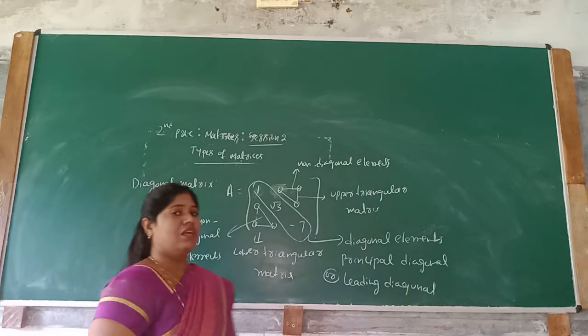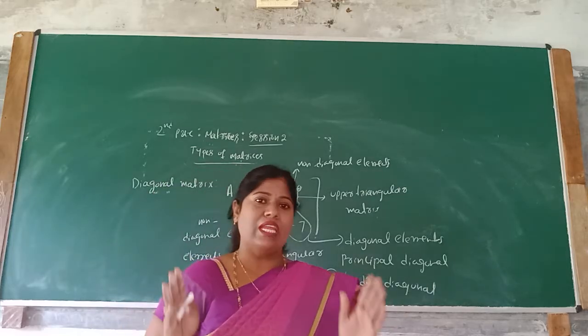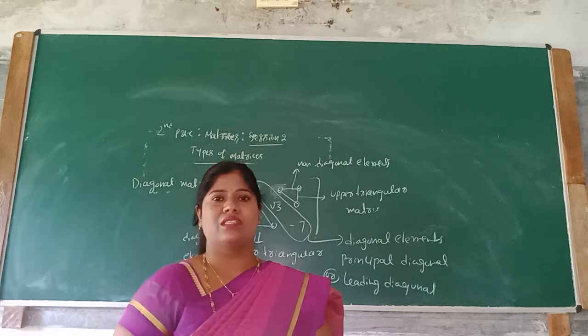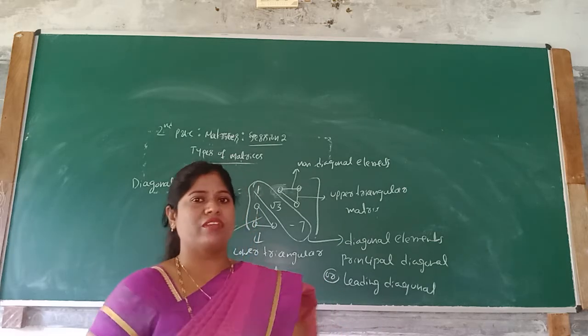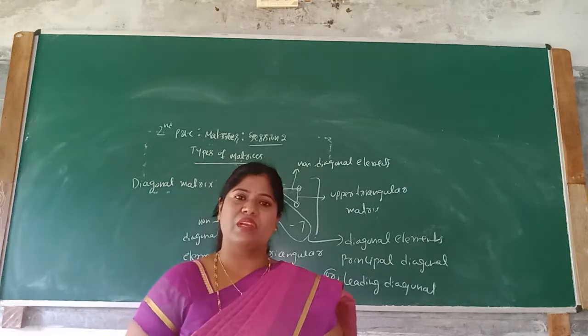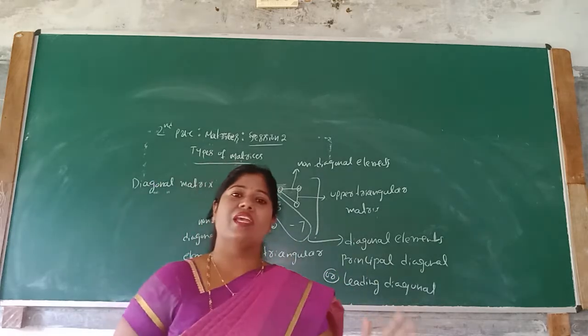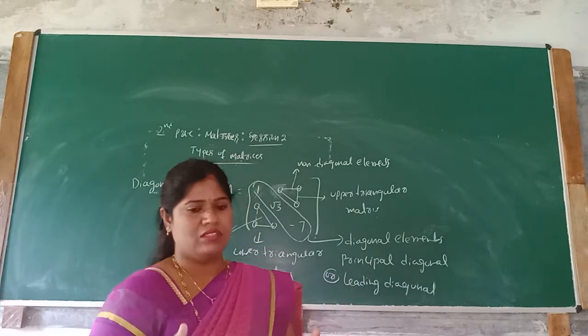All the non-diagonal elements should be zero. Then only it is called a diagonal matrix. The principal diagonal is the diagonal from the left top corner to the right bottom corner. So a diagonal matrix is a square matrix if all its non-diagonal elements are zeros.